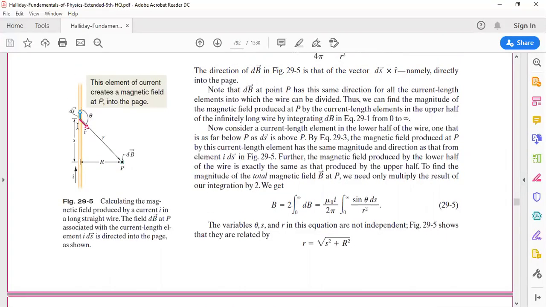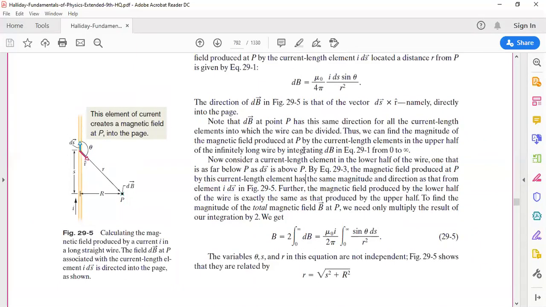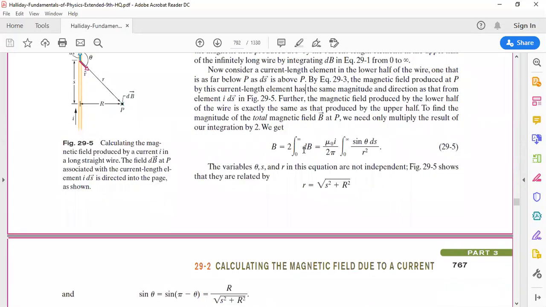In this case the length is not specified, so we can apply it even up to infinity. If you keep on increasing the length, the current will remain uniform. So that is why we can apply this for an infinite wire. Okay. Yes, sir.